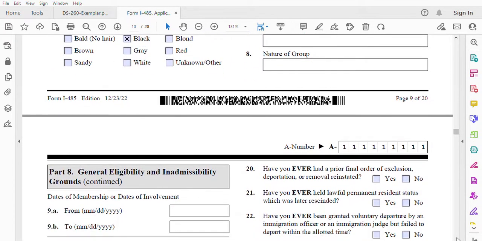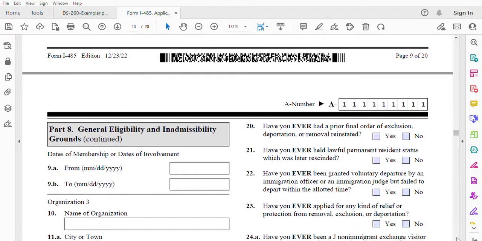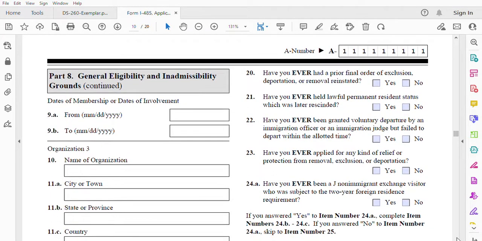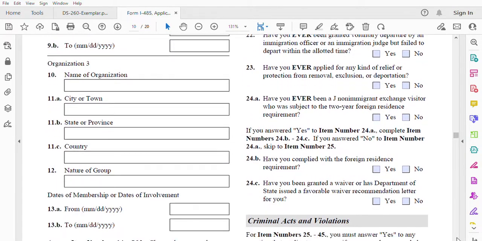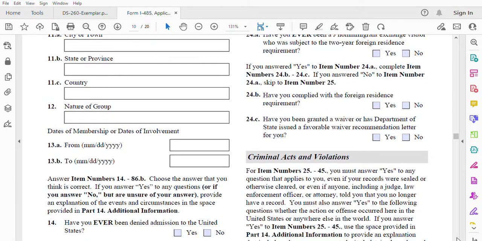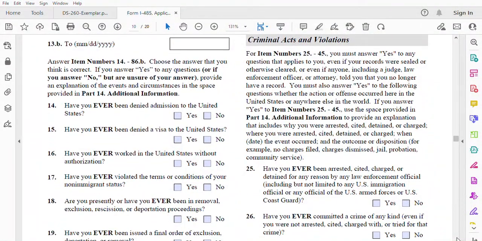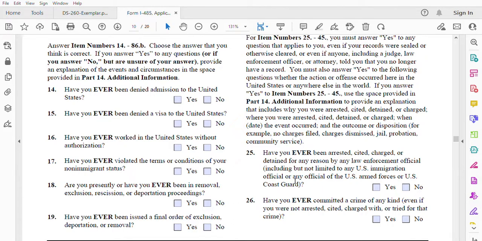We're still talking about Part 8, general eligibility and inadmissibility grounds. Organization number 3. So we're going to go to question number 14. Have you ever been denied admission to the United States? No. Have you ever been denied a visa to the United States?